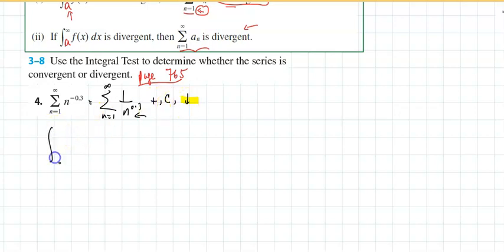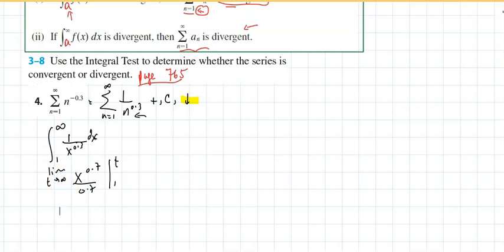I'm going to look at the integral from 1 to infinity of 1 over x to the 0.3 dx. Well, that's really x to the negative 0.3, so that's going to be x to the 0.7 divided by 0.7 evaluated from 1 to t, taking the limit as t approaches infinity.